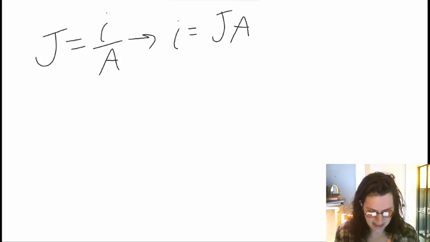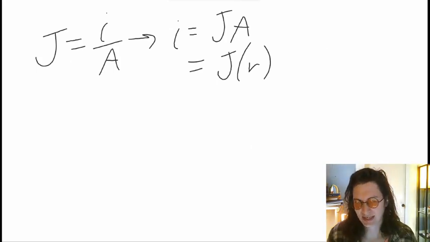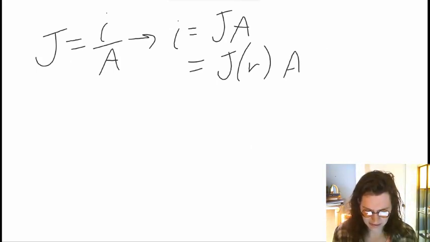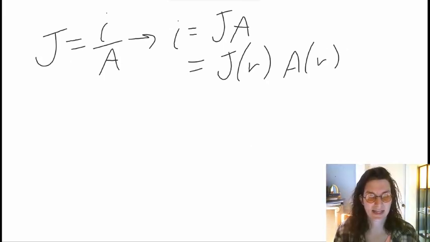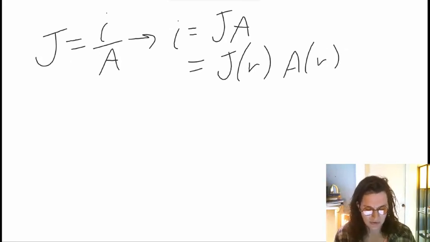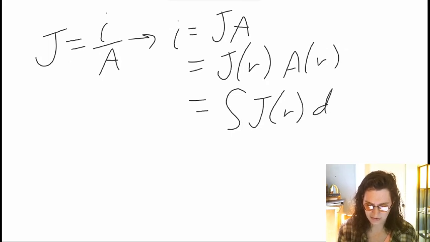And thus that means that when my current density is a function of R, and I'm multiplying by an area that is a function of R, in order to find the total current, I instead need to look at the current density at each little radius as I move out. And so in general, the way that we can express this with calculus is that the current is equal to the integral of my J of R with respect to the cross-sectional area.